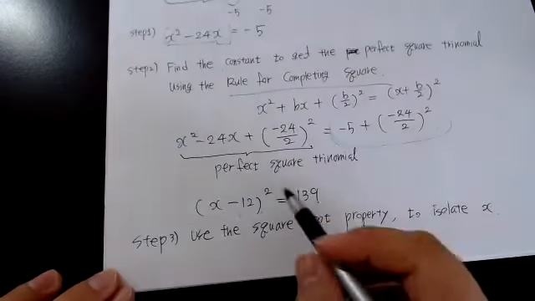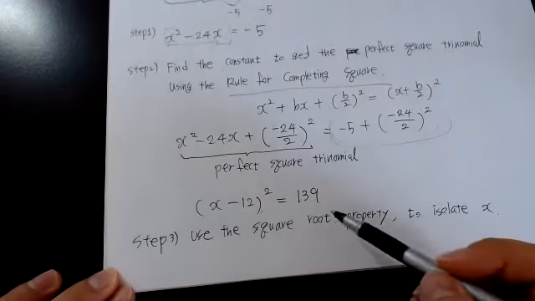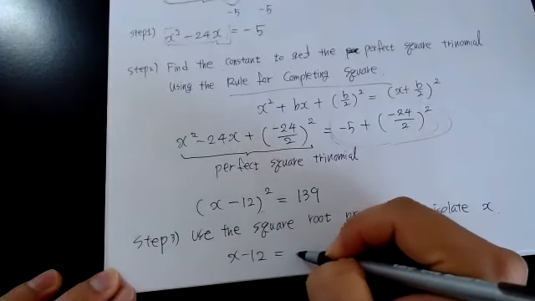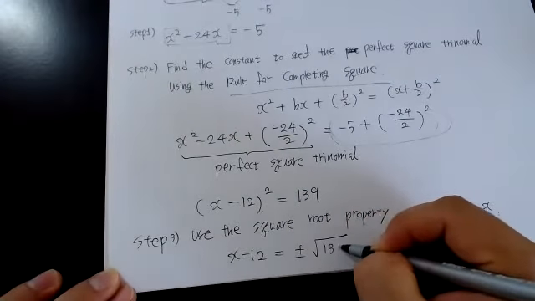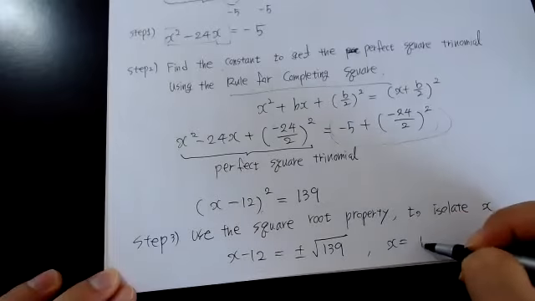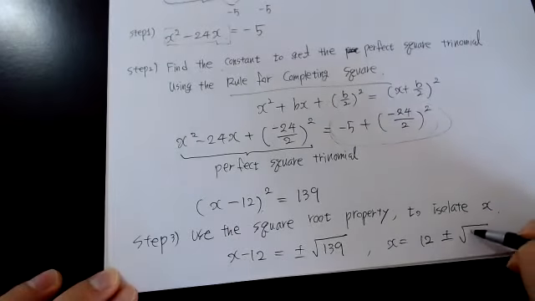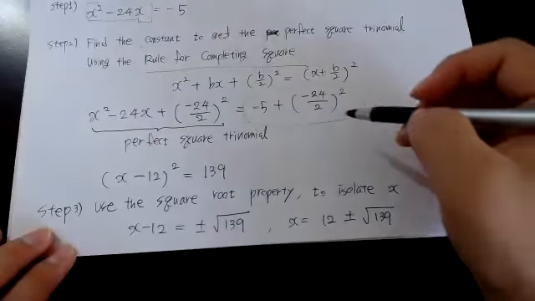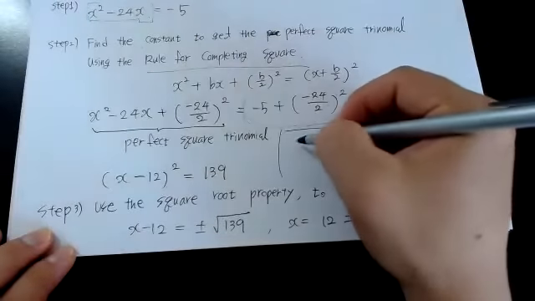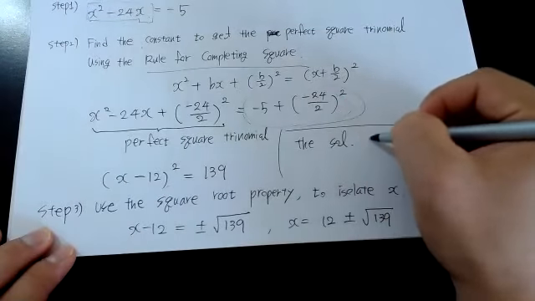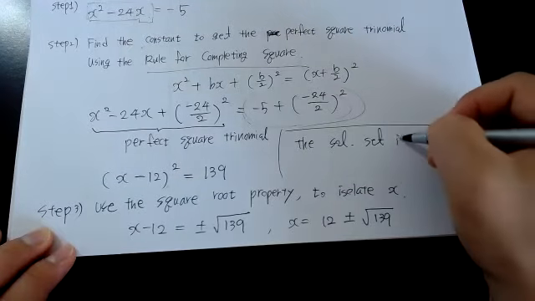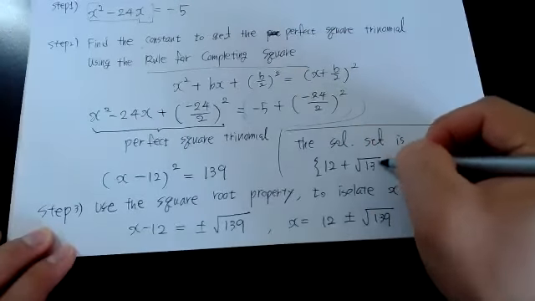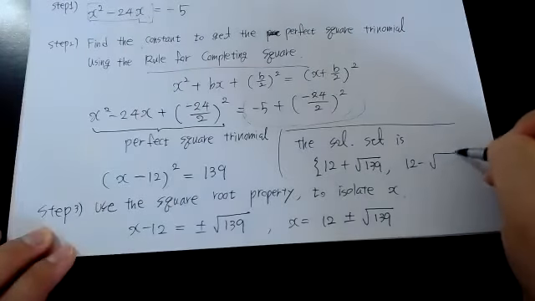We take the square root on both sides. So we get x minus 12 is equal to plus minus square root 139. Then x is equal to 12 plus minus square root 139. So the solution set is 12 plus square root 139, and 12 minus square root 139.